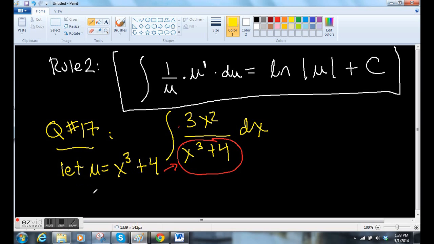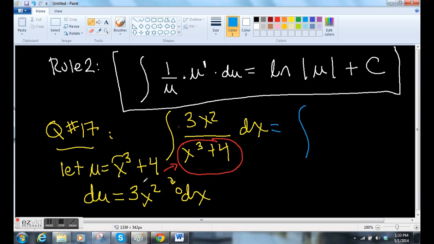Now we take the derivative. du equals, bring the 3 down in front, 3, take away 1 is 2, derivative of 4 is a constant which goes to 0, so that's 0, and then we have dx. Ha-ha! I am victorious. That was my ha-ha victorious noise. So what we have shown here is now we have 1 over u on the bottom, because 1 over x cubed plus 4 is 1 over u.